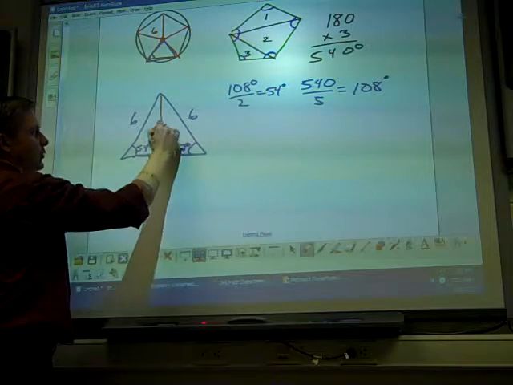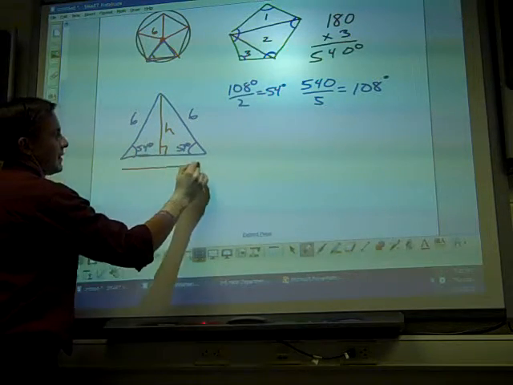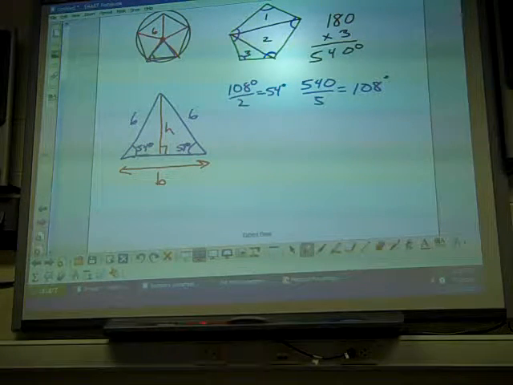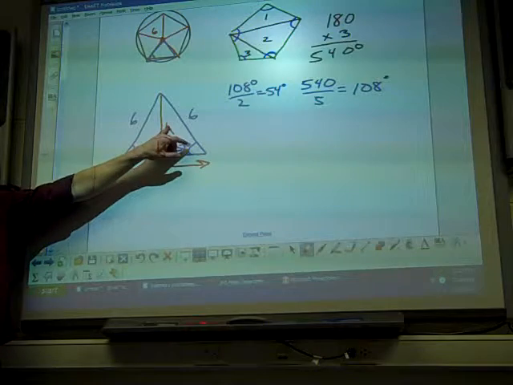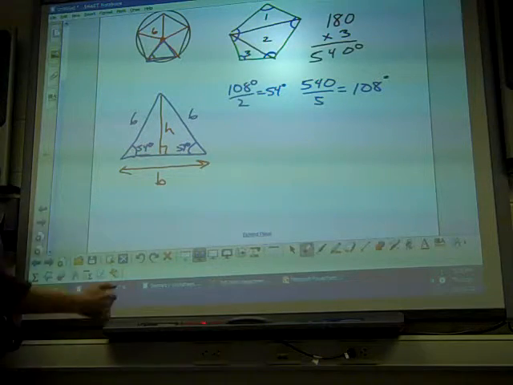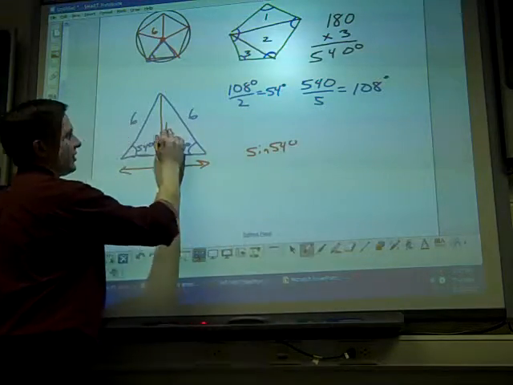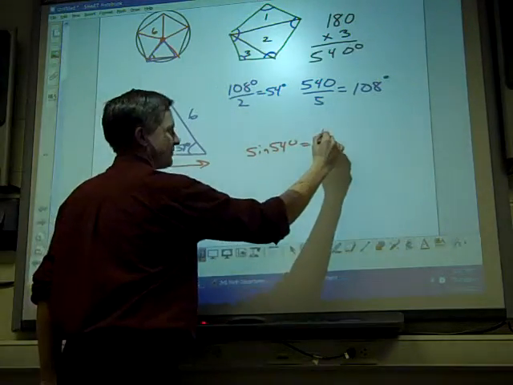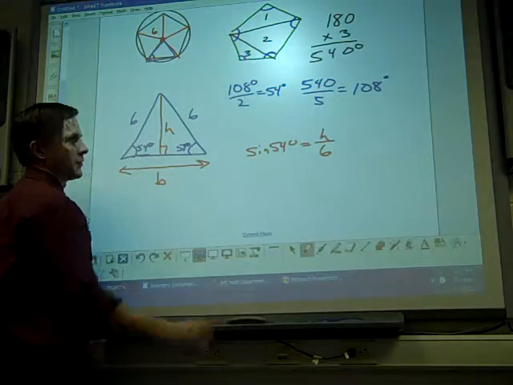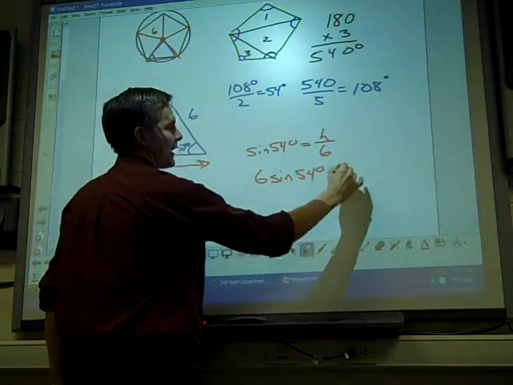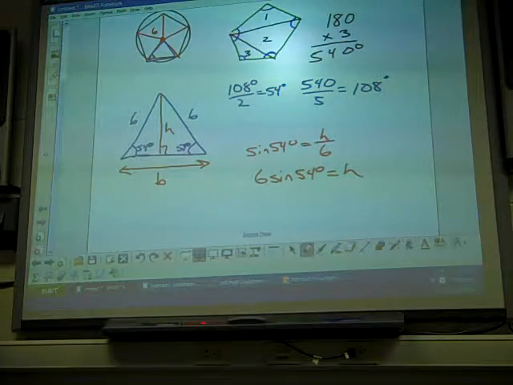I need this altitude, and I want to know the length. Is it sine 54 times 6? Yeah, so h is just trigonometry: sine 54 is h over 6. So 6 sine 54 degrees is the height.